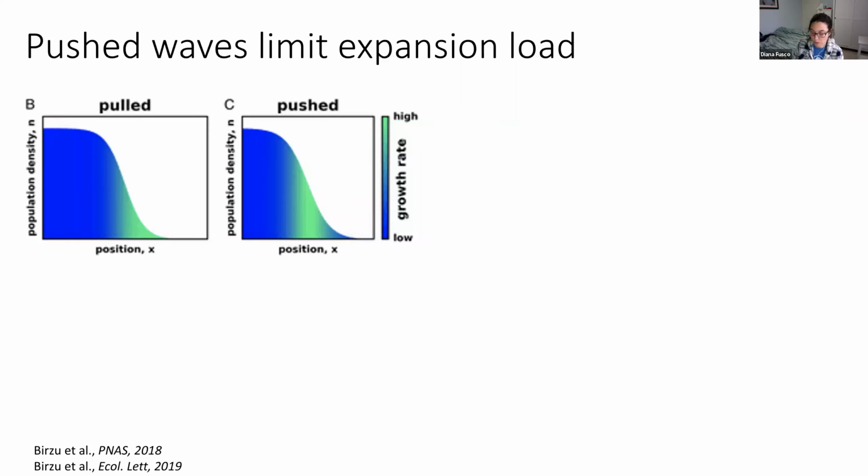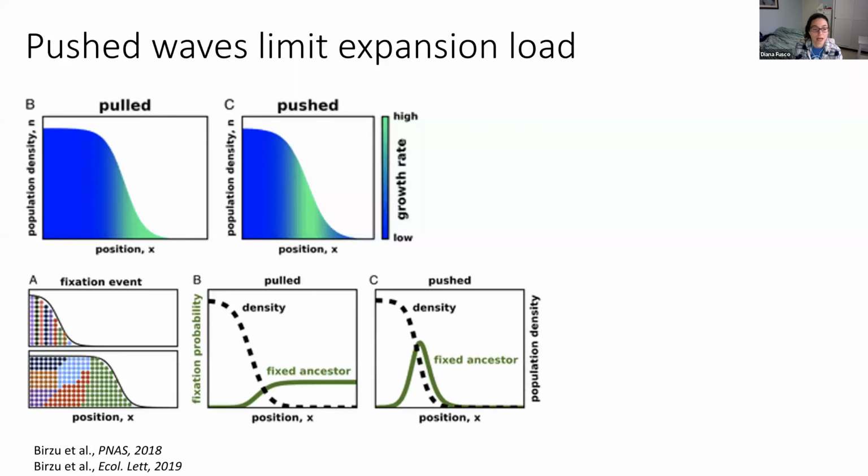This difference in pushed and pulled waves has quite dramatic consequences when it comes to genetic diversity. Because if we imagine that we start from a population that is all diverse, neutral, in the pulled wave, the probability that an individual will fix later in time becomes larger and larger the closer this individual is to the front of the population.